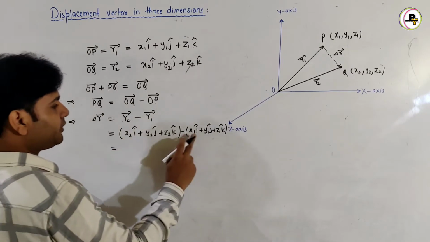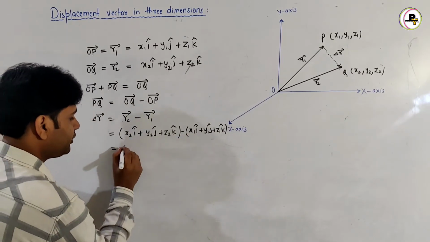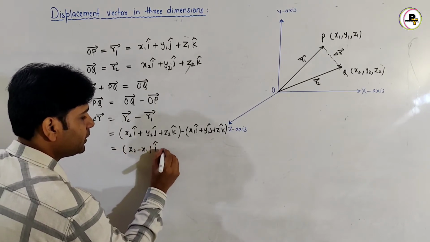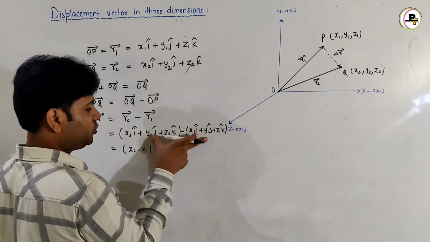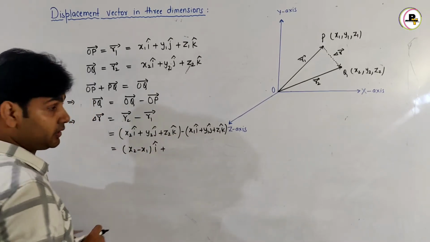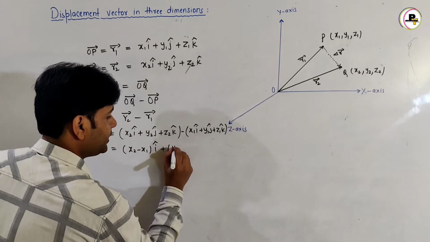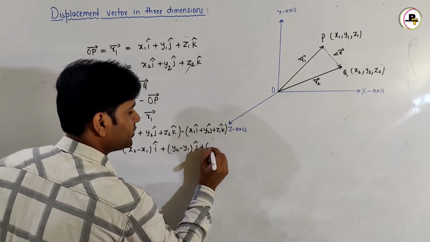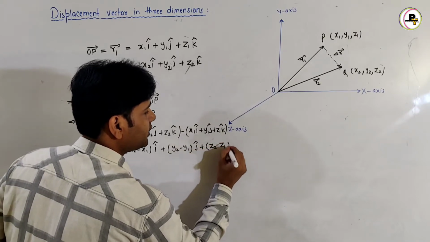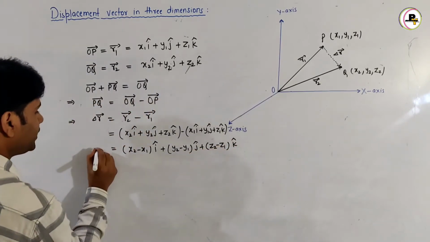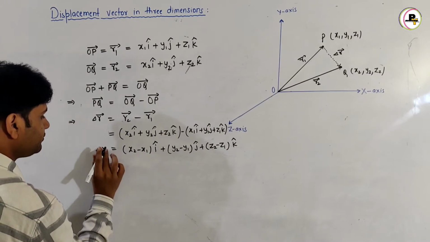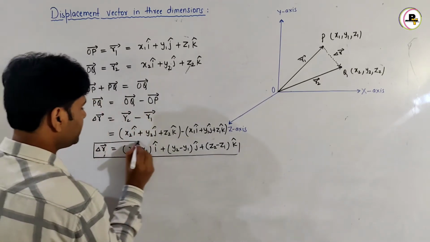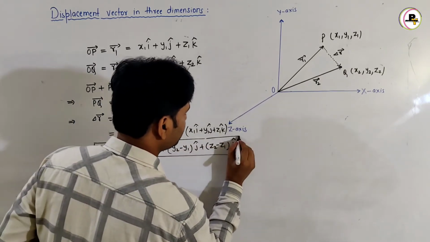Now taking i cap common from these two terms, I can write x2 minus x1 i cap plus, taking j cap common, y2 minus y1 j cap plus z2 minus z1 k cap. This is delta r vector. This is called the displacement vector of the particle from point P to Q.